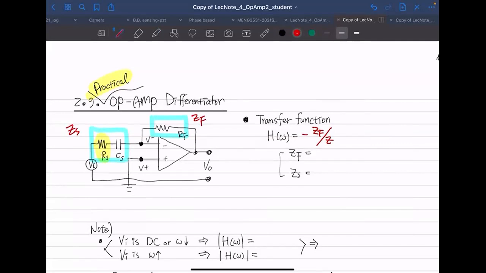And ZF is nothing but RF, and ZS now is going to be two impedances in series, right? So it's going to be just adding those two. And so RS plus 1 over J omega CS.